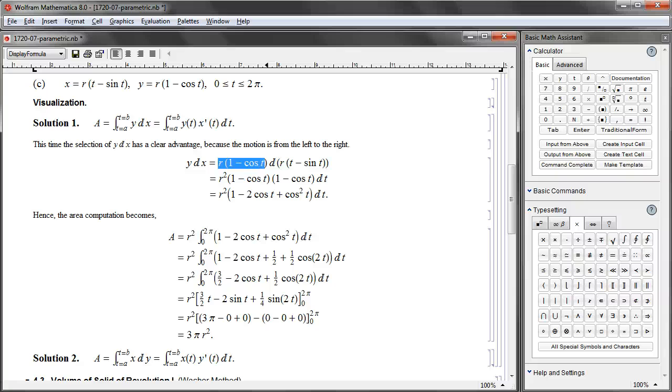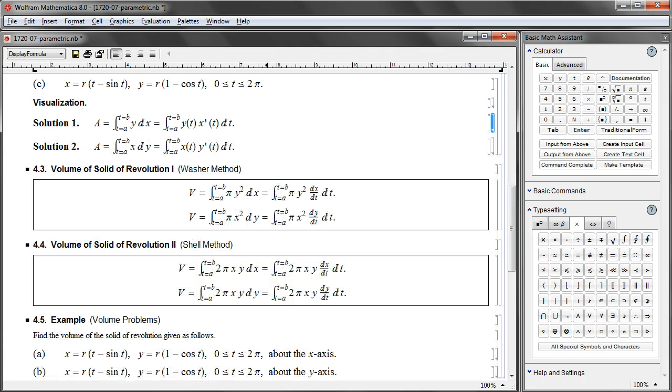This is y and then dx, so x prime dt, and FOIL it, and then we have this kind of function there. Calculating this integral using the power reduction formula, in the end we have 3 pi r squared, and that wasn't too difficult. Compared with the previous problem, this was not much of a big deal.